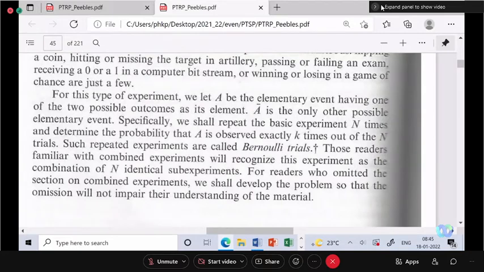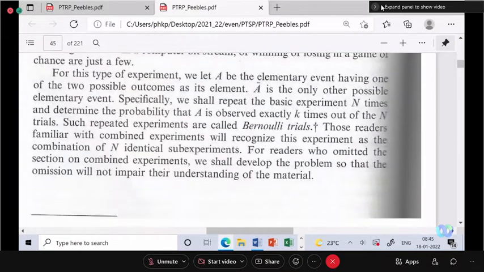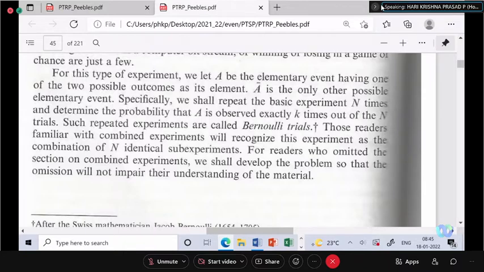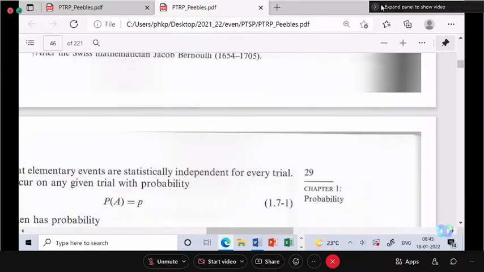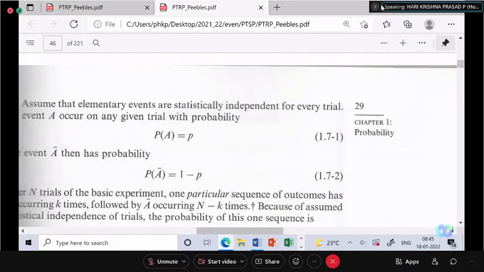Now, suppose the experiment is repeated capital N times, then A be the elementary event having one of the two possible outcomes. So here the idea is, one event is represented by capital A, so the other event becomes A complement.